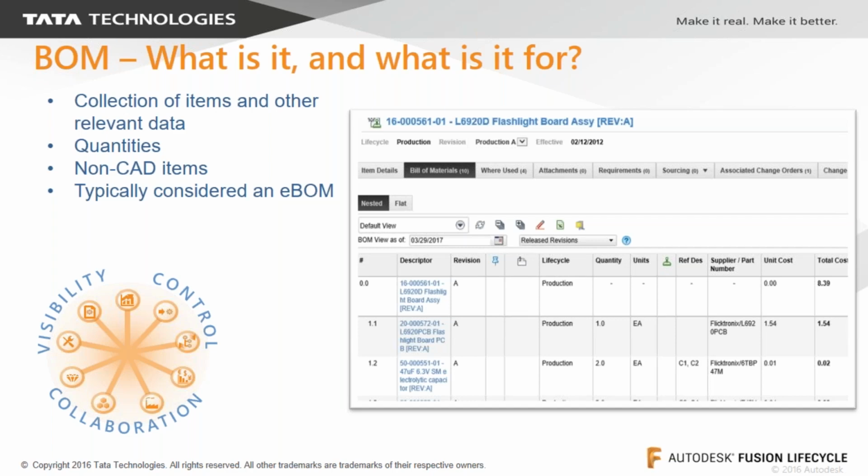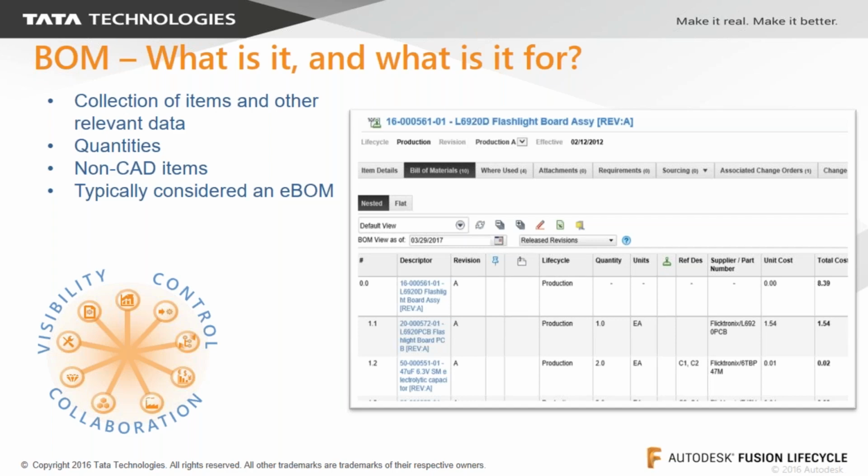So non-CAD items are commonly in an engineering BOM, but they wouldn't be in a CAD BOM. That could be like a packaging item, for example, or it could be something like a lubricant that isn't going to be modeled. So anything that maybe you do need to procure, you do need to consider for the development or the production of something would typically be in that bill of material, but it might not necessarily be in CAD.